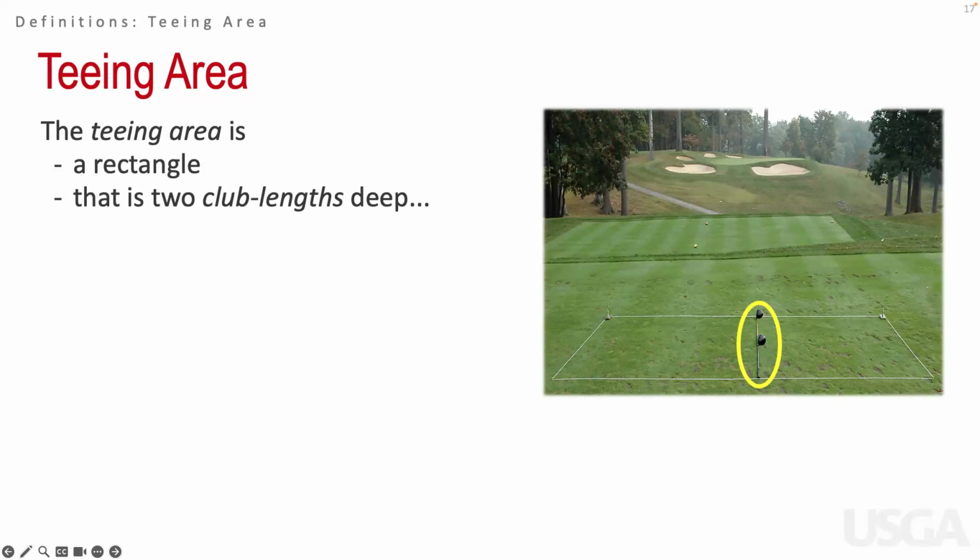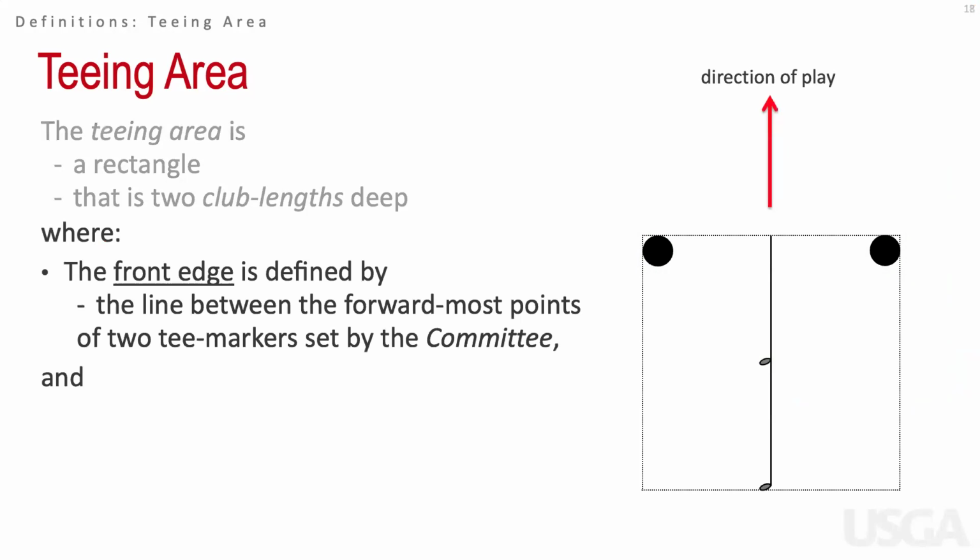So maybe the longest club you have is a 3-wood. Well, that's going to be your club length and what you're going to use for your 2 club lengths when it comes to the teeing area. So it's going to be defined by the front edge of the tee markers. So this is the line between the forwardmost points. You can see here these little circle tee markers that are set by the committee.